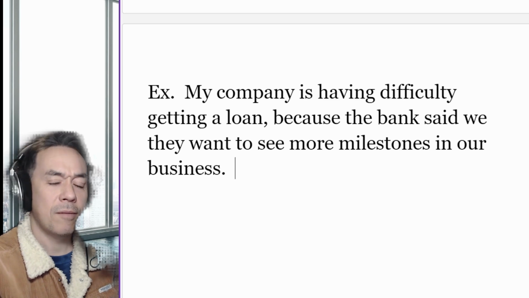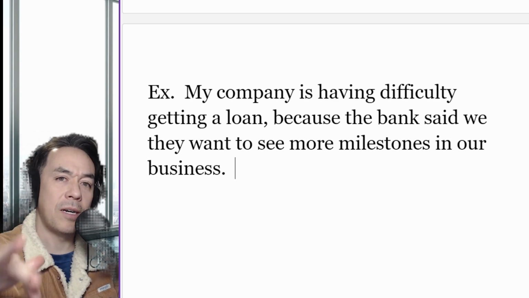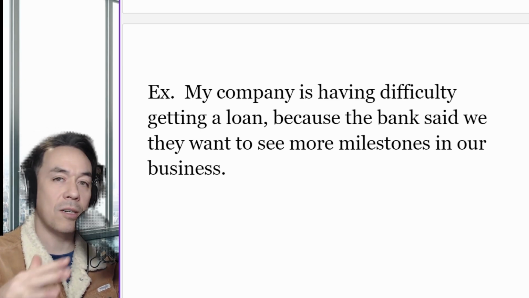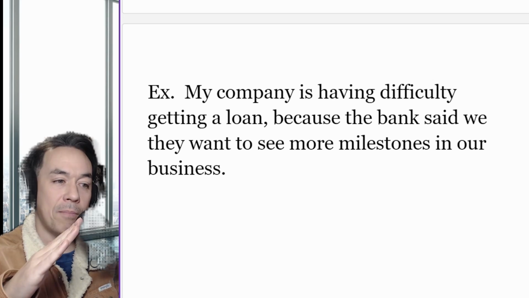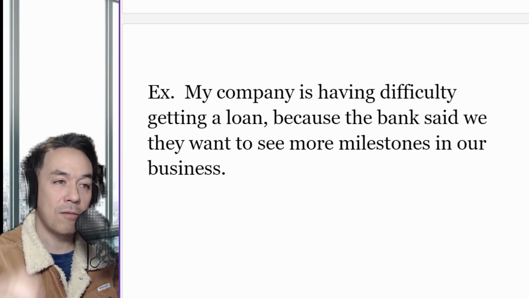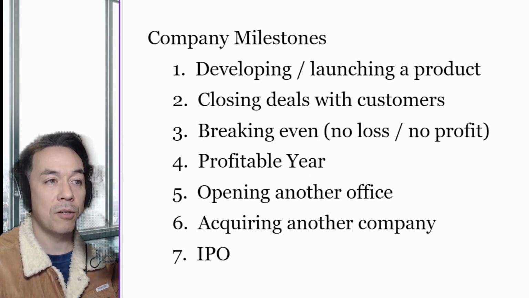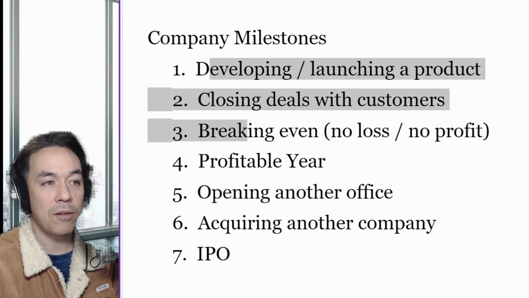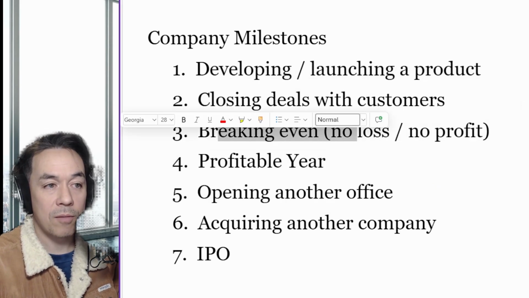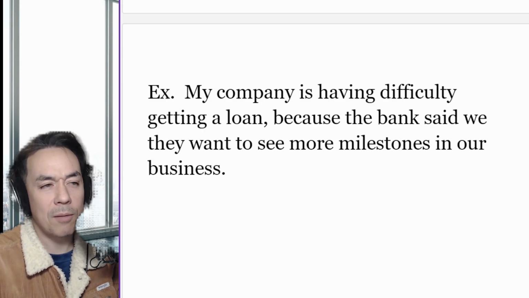Okay, so that means your company's kind of floating around. It's just struggling. You're not really going up. You're not accomplishing those things that show you're going in the right direction. Sales, costs, getting profitable, it depends.